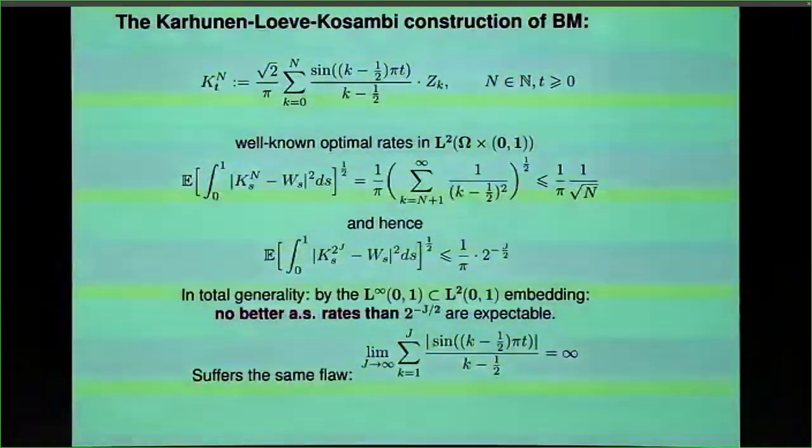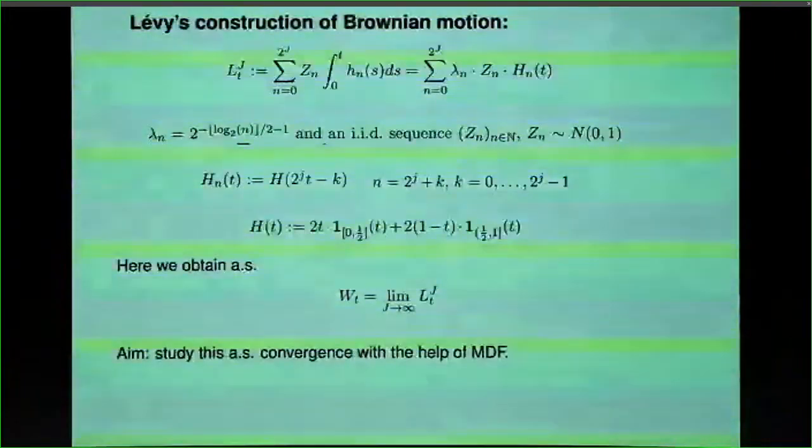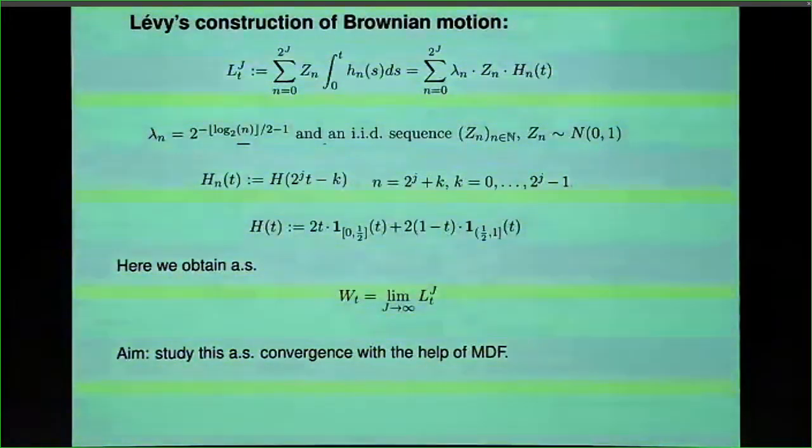And this rate tells us that an almost sure convergence of order better than 2 to the minus j half is not possible. Nevertheless, the same problem remains, it does not converge. So this is why Lévy's construction is much more important. For example, if you look at the book by Steele, it is carried out there in all detail.